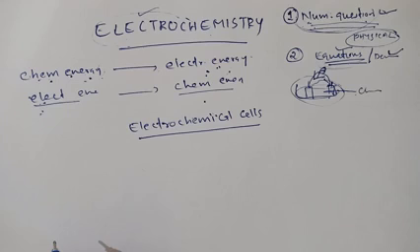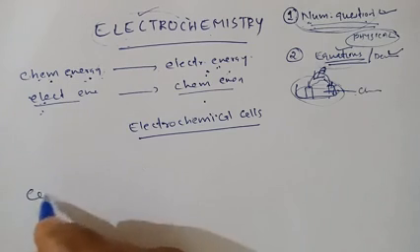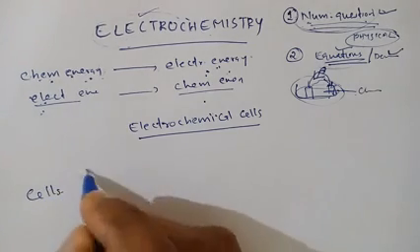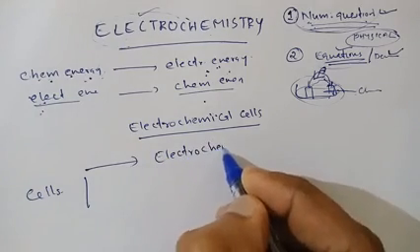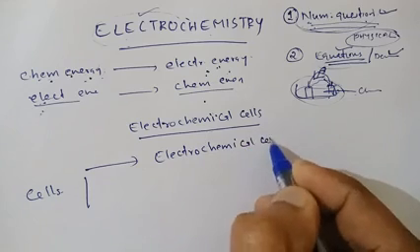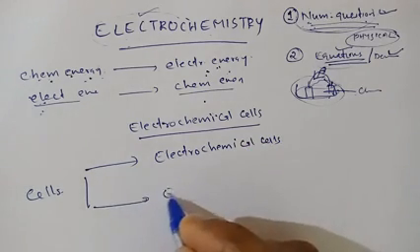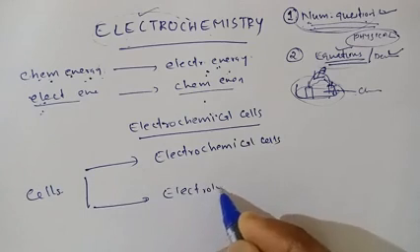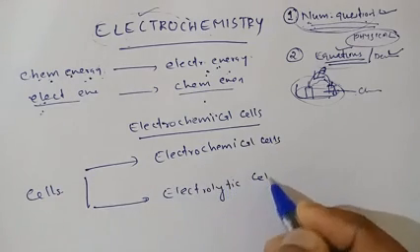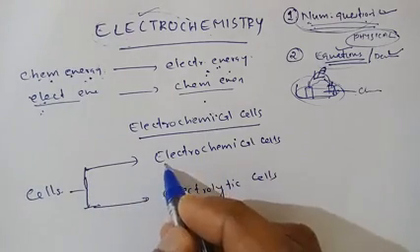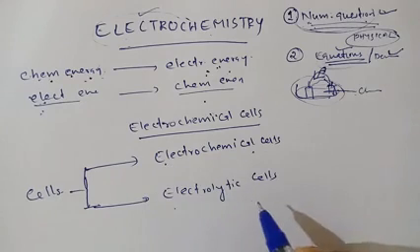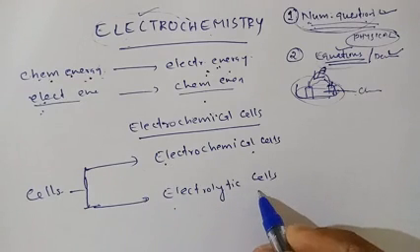Clear? So cells can be classified into two forms. First one is electrochemical cells. Second one is electrolytic cells.